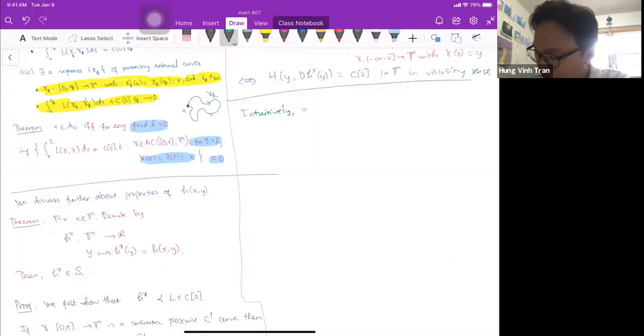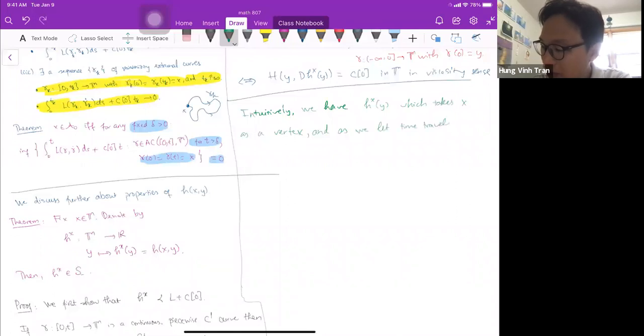The function h of x, y takes x as a vertex, and my way of thinking about this is that as we let the time travel tend to infinity, it's sort of like we let the vertex x go into infinity.